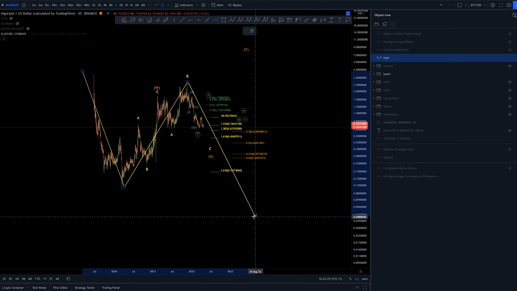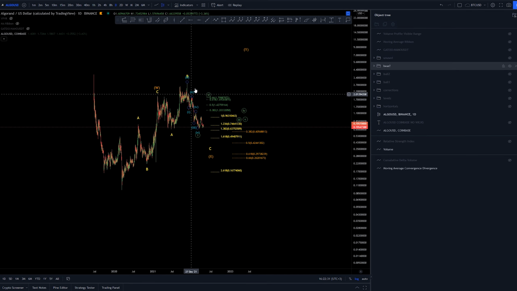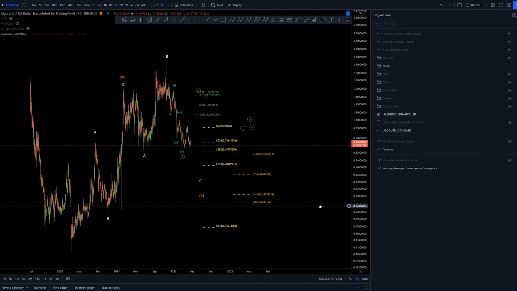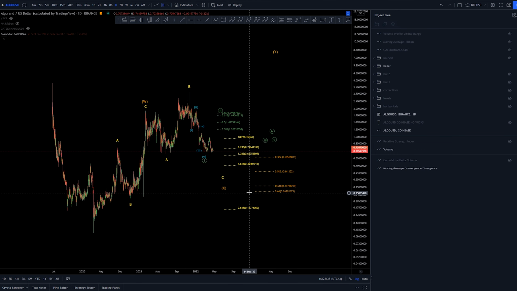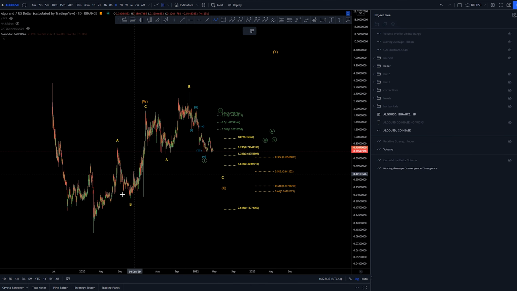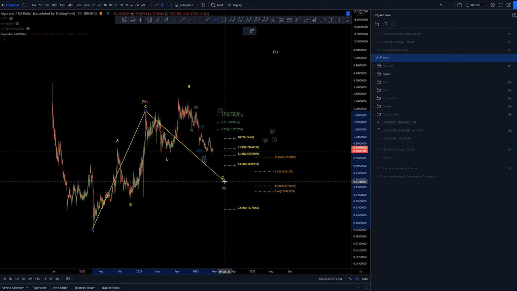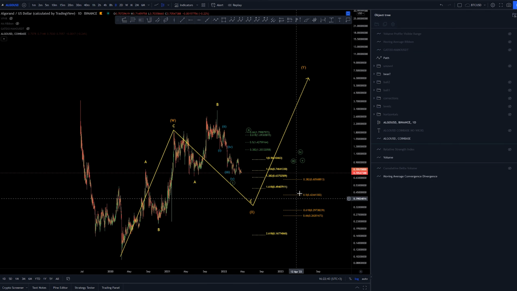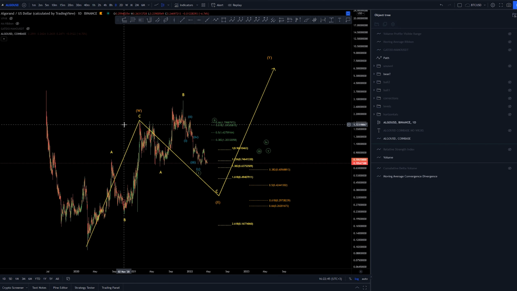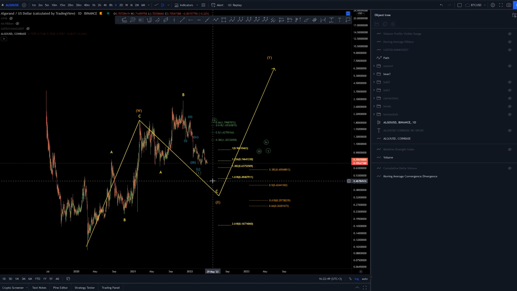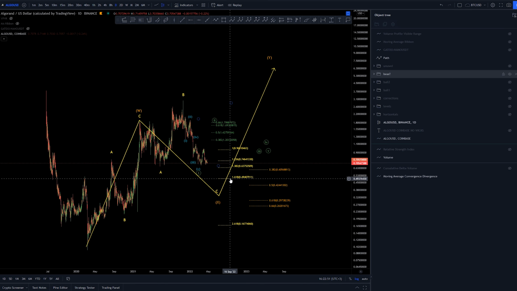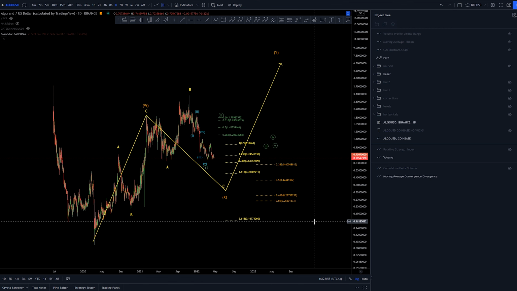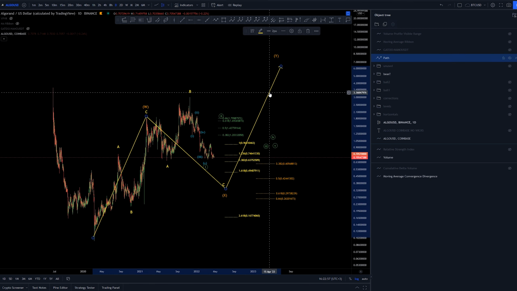But currently we just can't link those together, so I'm looking at this more as a W here, X here, and correctively climbing higher if Bitcoin is actually going to finish the triangle count, and if not, then I guess we could be looking for way lower before heading up.